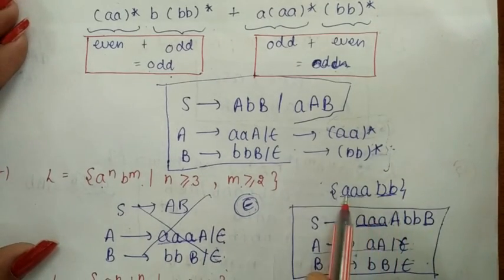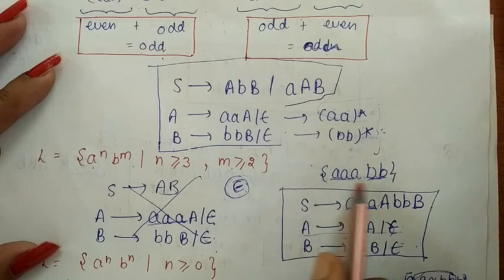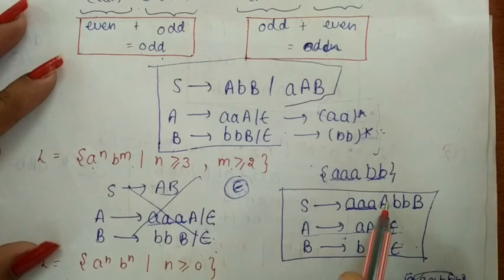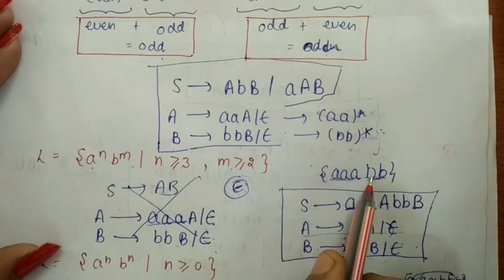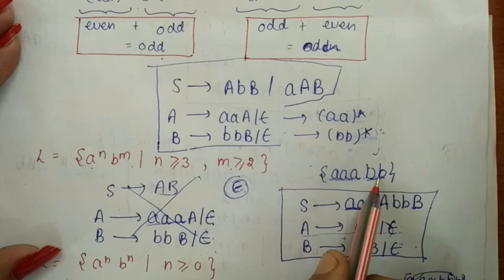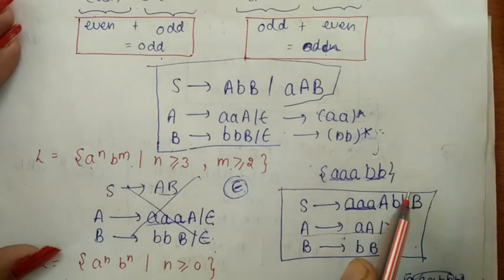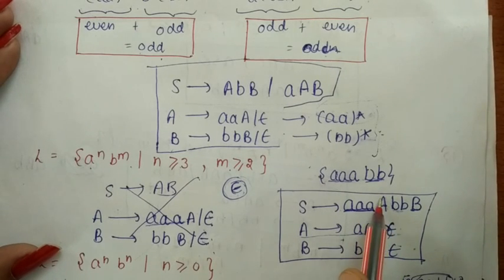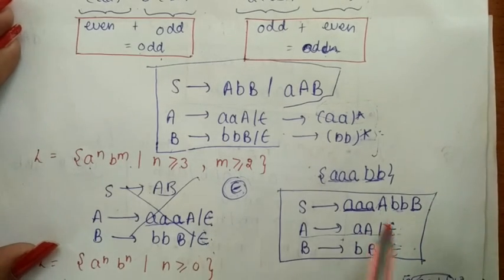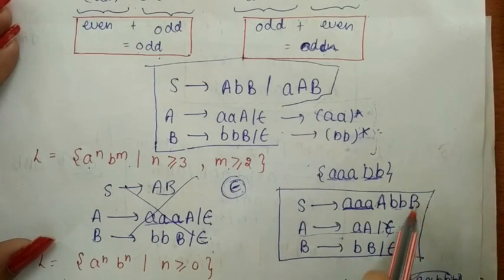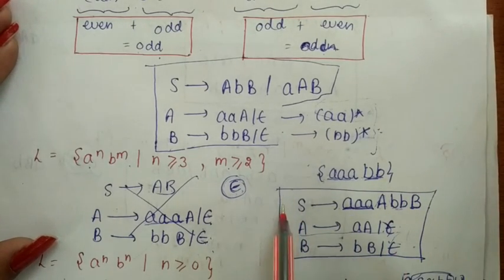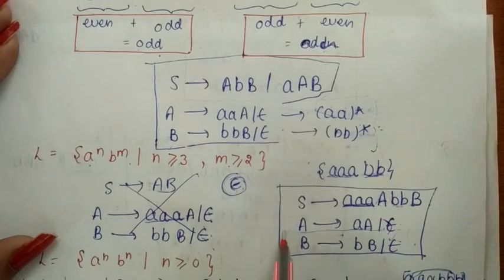So we have to write this string in the starting symbol: triple a, then we can take repetition of a, then bb, and then we can take repetition of b. The minimum requirement is this. After this we can either take epsilon, or generate more a's, or generate more b's. So this is the correct grammar for this, and this is the final grammar.